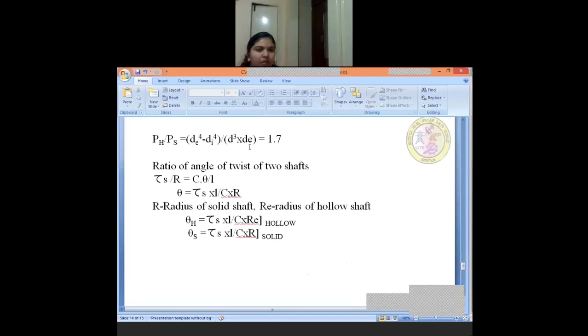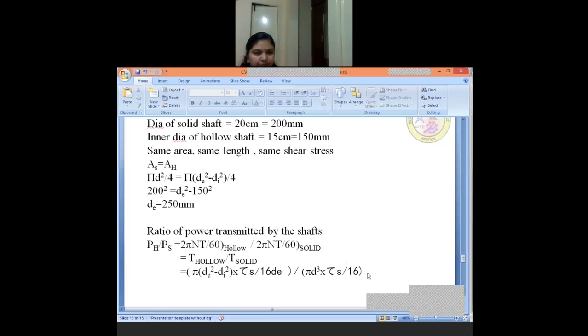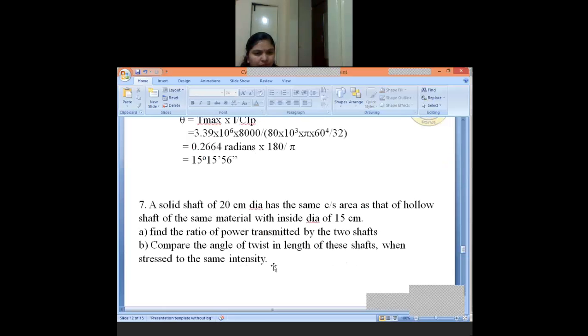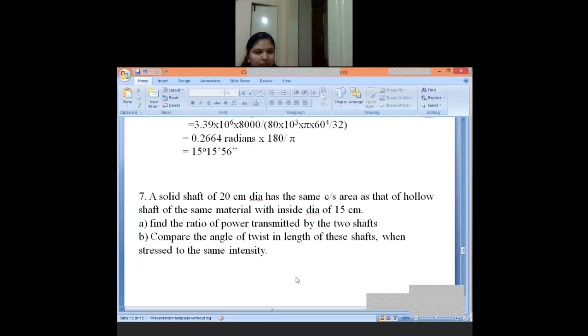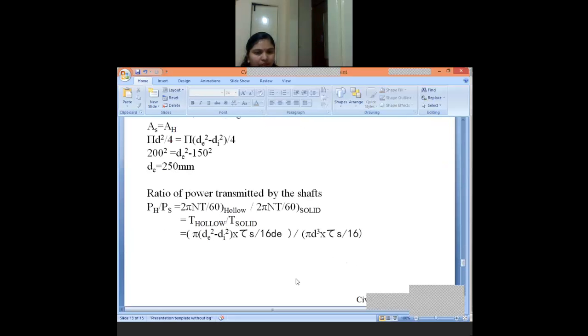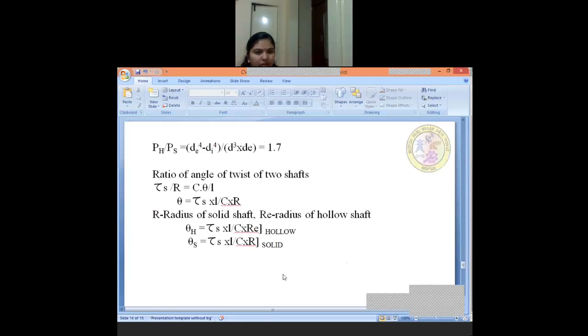This is the ratio of power. Simplify this, you will get (DE⁴ minus DI⁴) by DE into D³. So this is equal to 1.7.